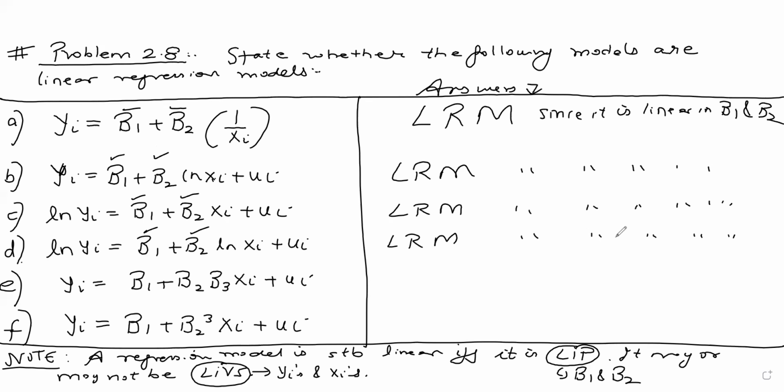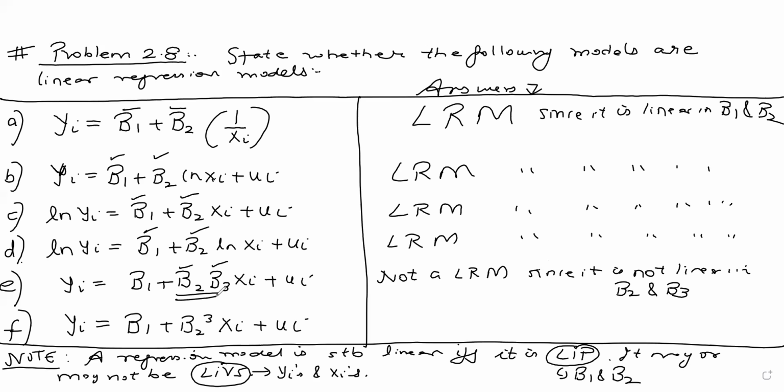Is part E a linear regression model? No. So I can write not a linear regression model because B2 and B3 are not linear. They are multiplied with each other. Since it is not linear in B2 and B3, because we have their product, which is not linear in either of the two.